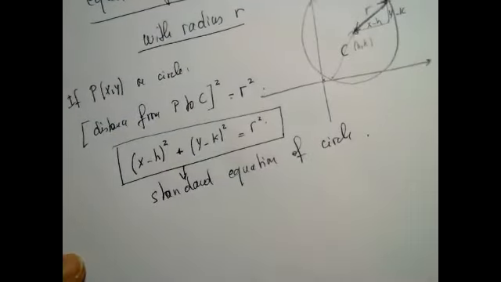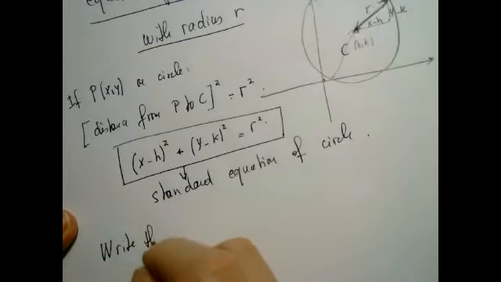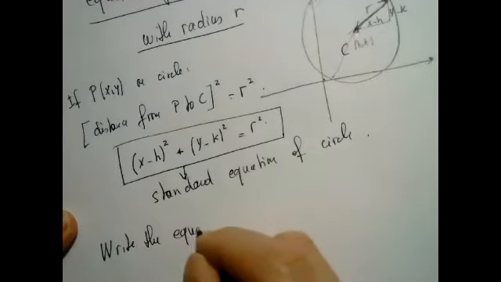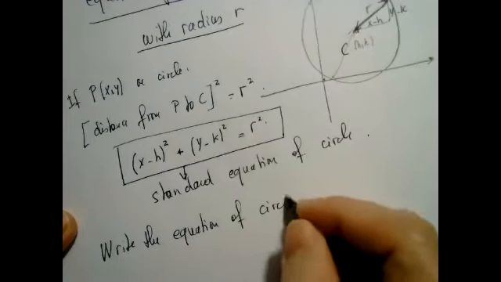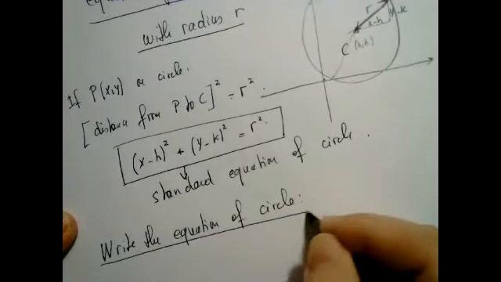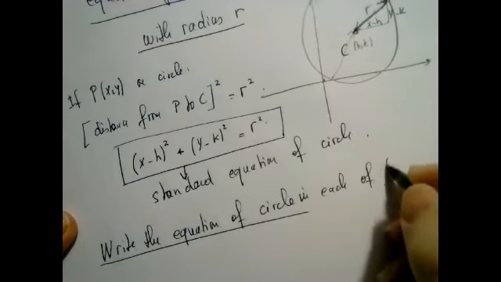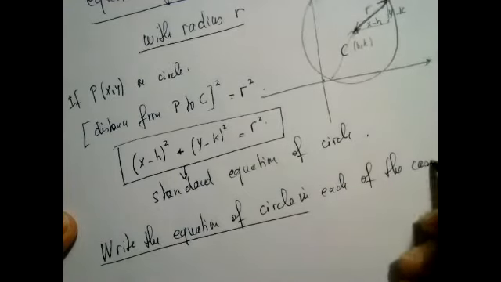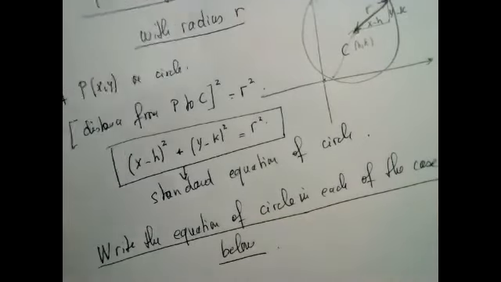So my question is going to be the following. Simply write the equation of a circle in each of the following cases below. Okay, so we're just going to write it.